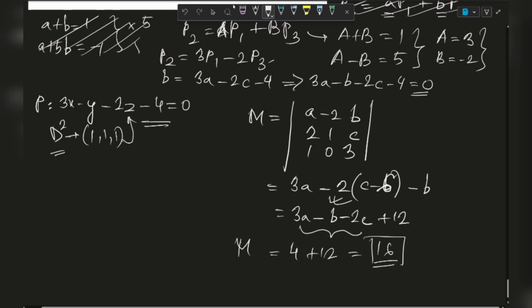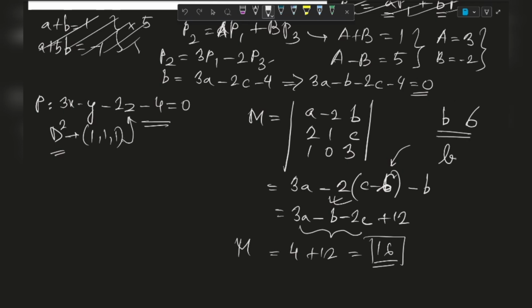Now we find d. I said something wrong: minus 2b plus b, nothing like that. This is 6. Please don't confuse. This is my b and this is my 6. I will try to change my handwriting. I'm sorry. This is 3a minus b minus 2c plus 12. So now we have to find our d, the distance, and then we will square it up.